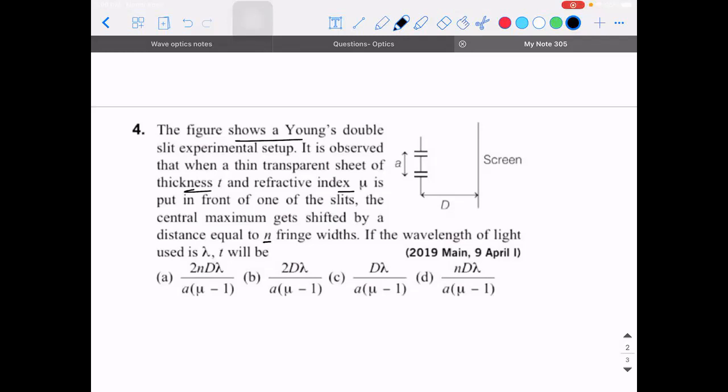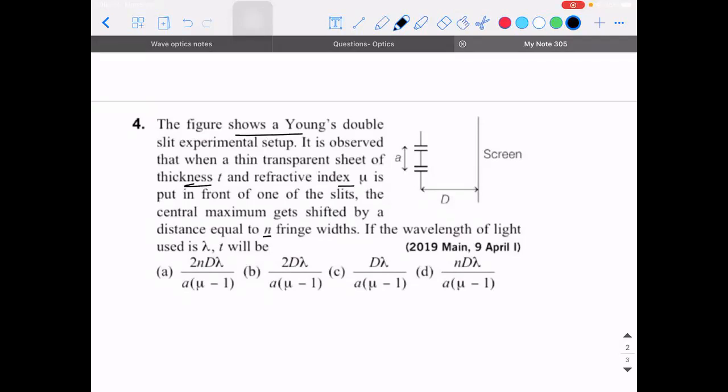If the wavelength of light used is lambda, T will be equal to how much? Formula: beta by lambda into mu minus 1 into T.